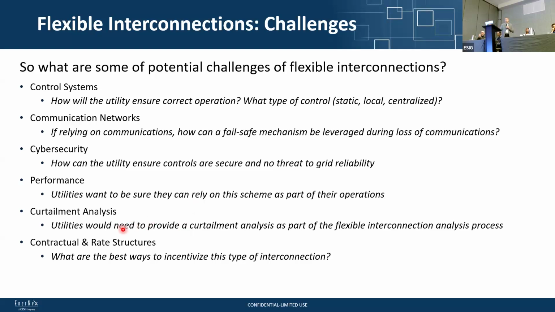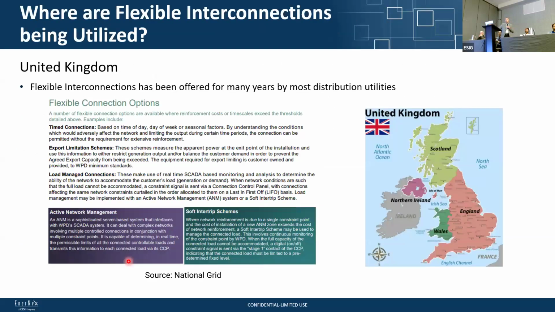Curtailment analysis: oftentimes when you go into this, it's going to trigger a system impact study to see what that curtailment might look like. And then what are the contractual rate structures? What does the contract look like for flexible interconnection? So these are all things that need to be taken into consideration.